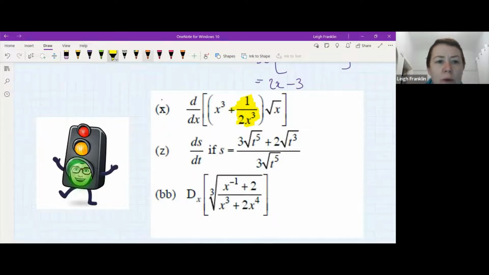So how you want to write that is you want to write it as 1/2 is the coefficient, x to the power of -3. Okay, like that. That's how you've got to write it. Does that make sense? So it's just the variable that needs to go to the numerator. The 1/2 is the coefficient. Pleasure.